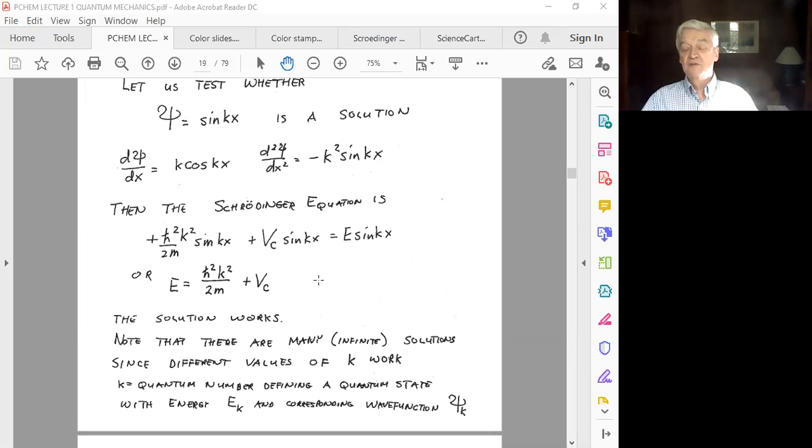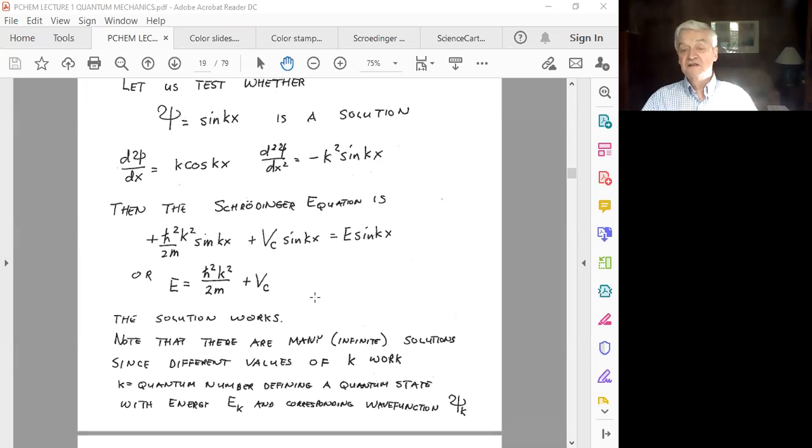When you took freshman chemistry, you learned about the atomic orbitals, 1s, 2s, 3s, 3p, 3d, and so on. The 1, 2, and 3 there represent quantum numbers, and the K in this formula would wind up being a quantum number. So we haven't put any constraints on what our K is in this problem, but we will later on.